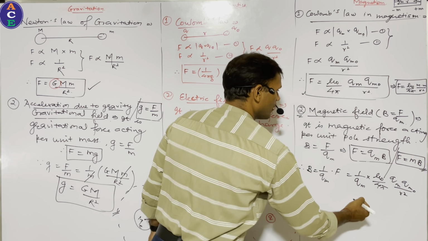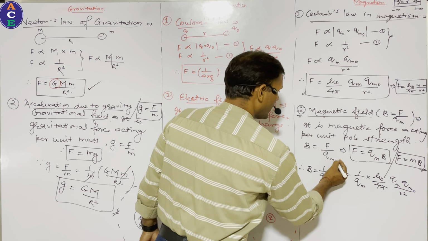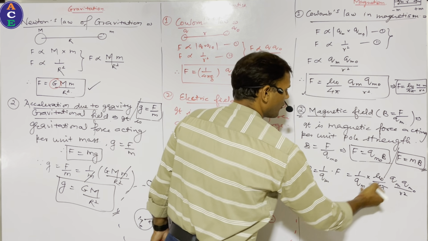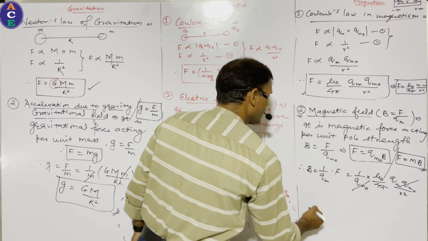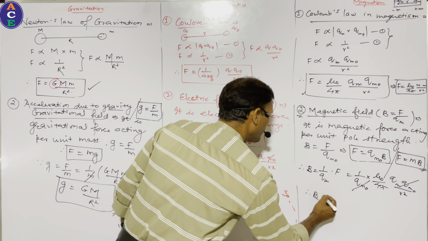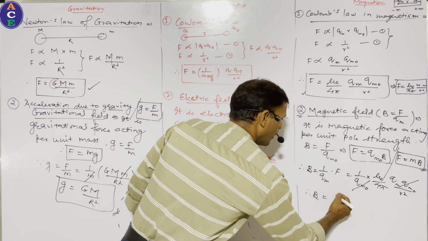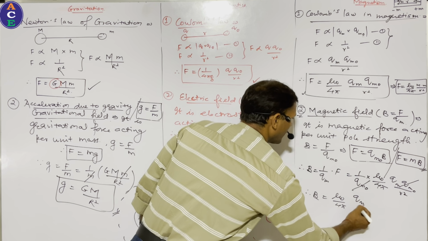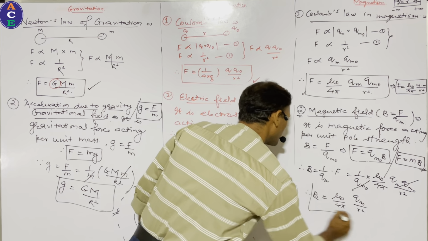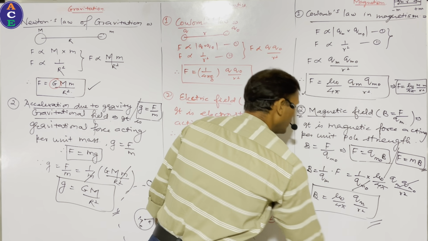Now this instead of QM I will take QM naught. It will be better for us. So QM naught and QM naught get cancelled. So we are getting B is equals to mu naught by 4 pi QM by R square. This is the formula for the field.